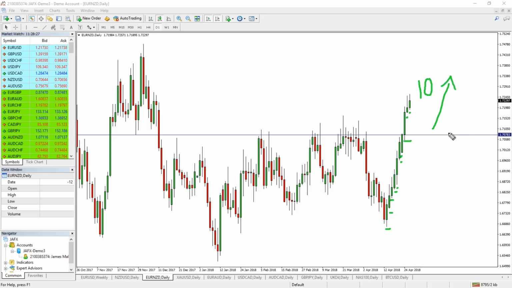Well, just given how the market is trading, we of course can just simply view this price action. So what I'll do is count: 1, 2, 3, 4, 5, 6, 7, 8, 9, 10. We've got 10 trading days of bullish price action. So 10 days that the market is trading strongly to the upside.